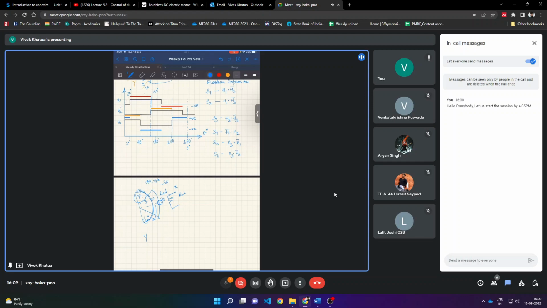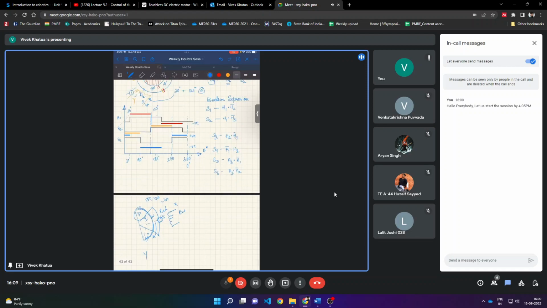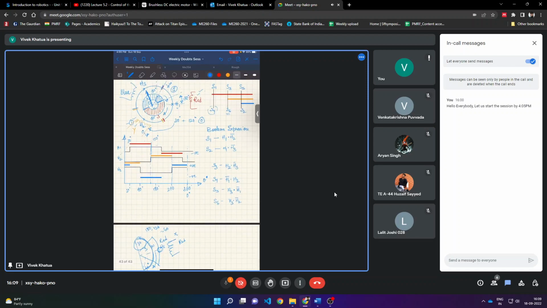That is where I shouldn't be actuating my red phase. My red phase should stop here. I should not actuate it anymore. After this, I'll have to actuate some other coil to bring it here, right?